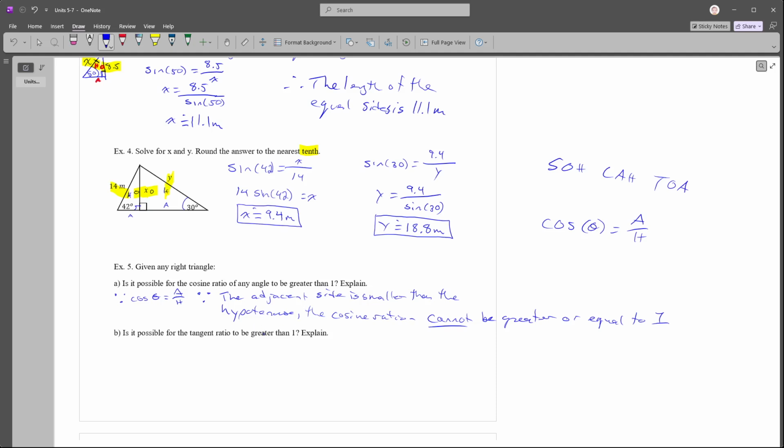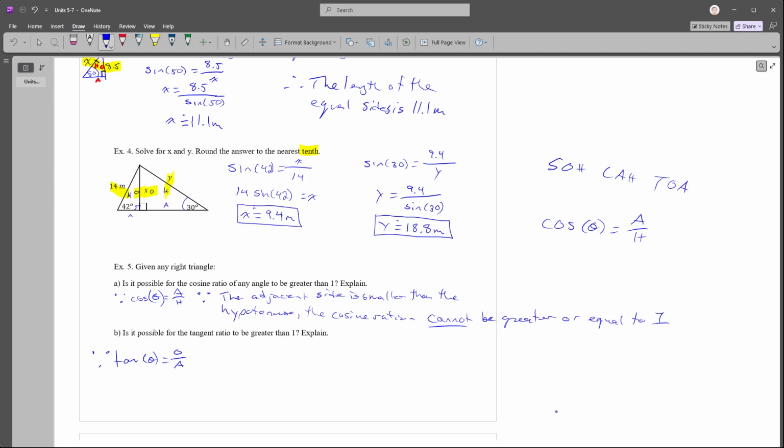All right. How about this? Is it possible for the tangent ratio to be greater than 1? So what is the tangent ratio? Since tan of theta, which is TOA, is opposite over adjacent, that would imply that the opposite would have to be bigger than the adjacent. Well, that absolutely could happen, right? Think about it like this.